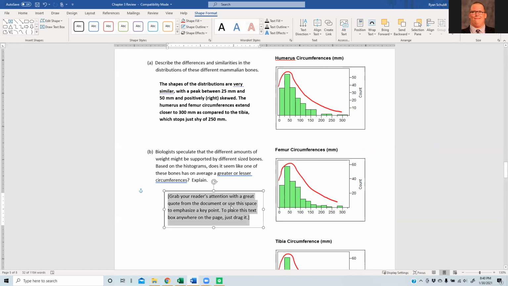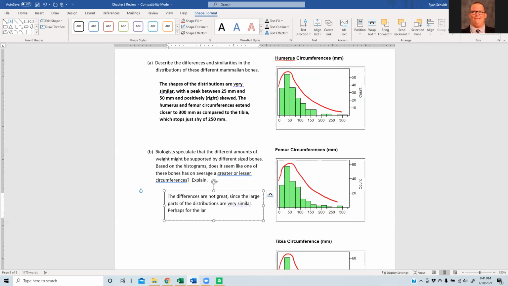Okay, let's see here. So let's just say what we just said. The differences are not great since the large parts of the distributions are very similar.